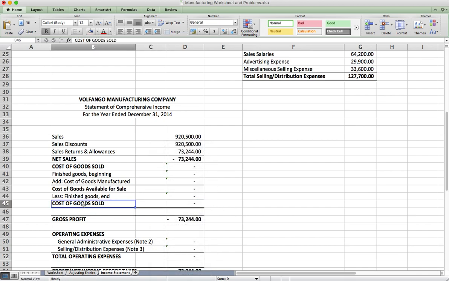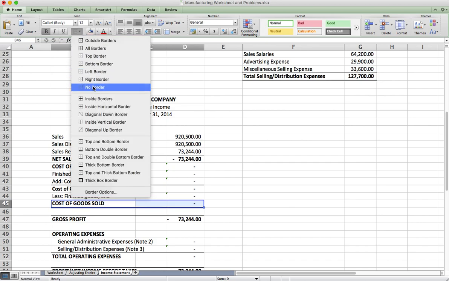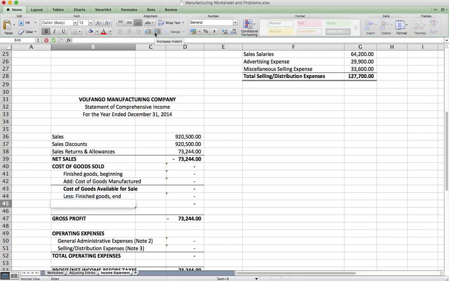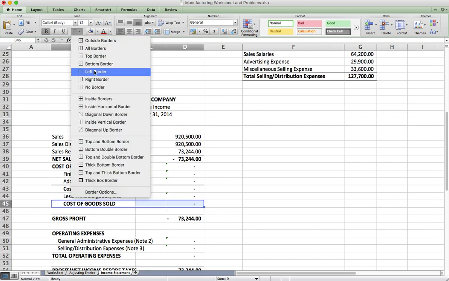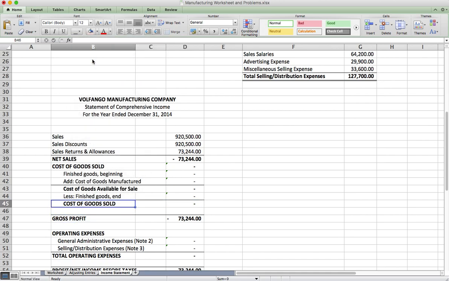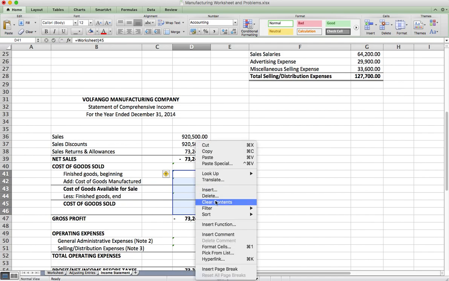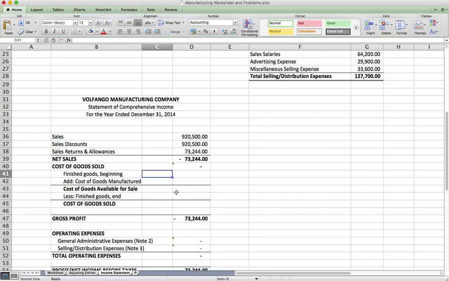Clear contents. Tanggalin natin yung mga border. And then, yan. So, ganito yung magiging itsura, class.